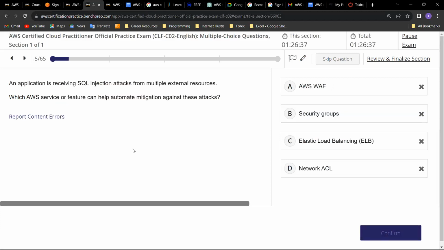An application is receiving SQL injection attacks from multiple external resources. Which AWS service or feature can help automate mitigation against these attacks? We've talked about this one before, but I check. Right. Today Bridget and Angela are on fire.